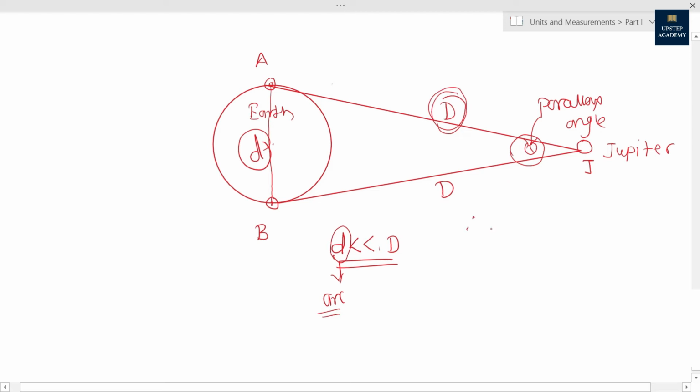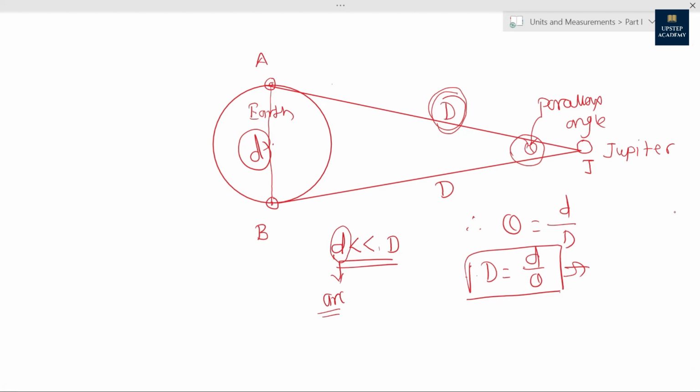So we can apply theta is equal to d upon D, and therefore the distance between Jupiter and earth is equal to d upon theta. Simply we apply this formula and find the distance between planets. That is the use of the parallax method for measuring the distance between earth and a planet.